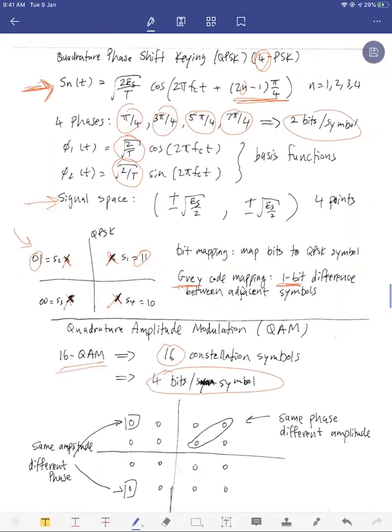I'll just point out that information is being encoded both in amplitude and phase. These two symbols here are at the same phase but different amplitude. These 2 symbols here are the same amplitude but different phase. So we can see that this geometric view is nice. It lets us visualize things quite nicely.